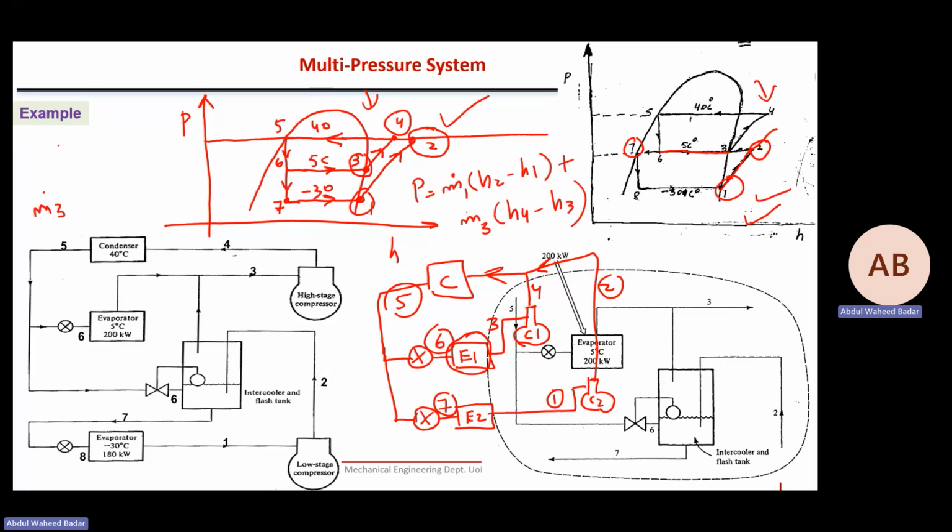So what will be H7? H5 is equal to H6 is equal to H7, which is HF at 40. So if you draw the schematic and pH correctly, then things are much easier. Some students make a mistake initially somewhere in the schematic or in the pH, and then everything will be wrong.